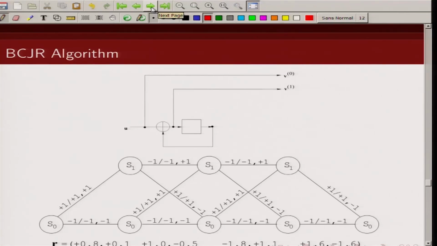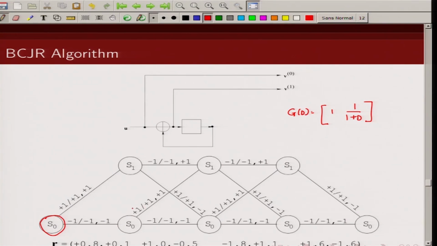So, this is the convolutional encoder that we have considered. This is G of D, the rate 1/2 code, and its corresponding trellis diagram is this. For simplicity, I have just considered 4 time instances. Initially I assumed this encoder is in the all 0 state, denoted by S0, and depending on the bit it receives it moves to either S0 or S1.